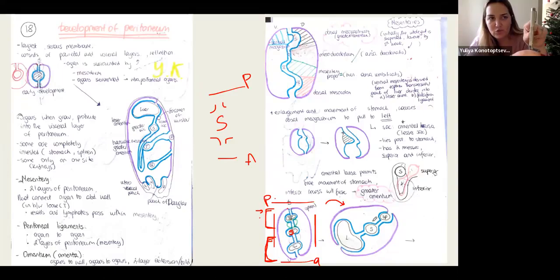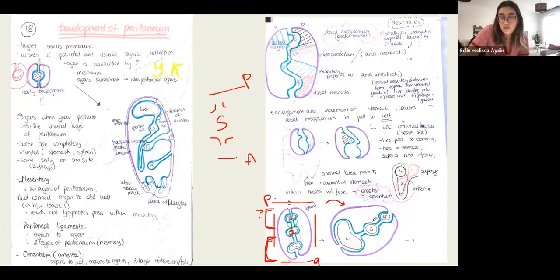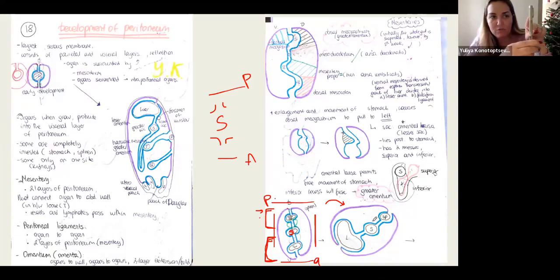What is connecting the stomach to the posterior body wall? My finger. What is connecting the stomach to the posterior body wall? Dorsal mesogastrium. And what is connecting the stomach to the anterior body wall like this? Ventral mesogastrium. So because of the rotation, we move 90 degrees clockwise.